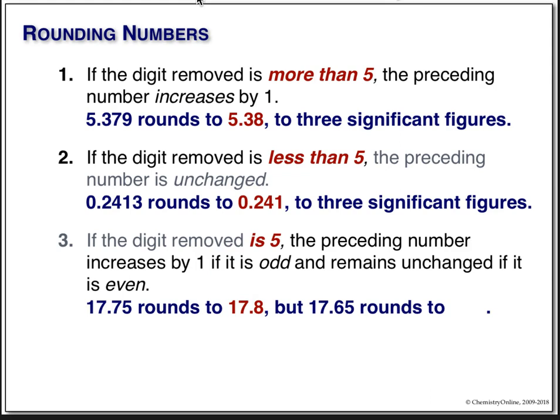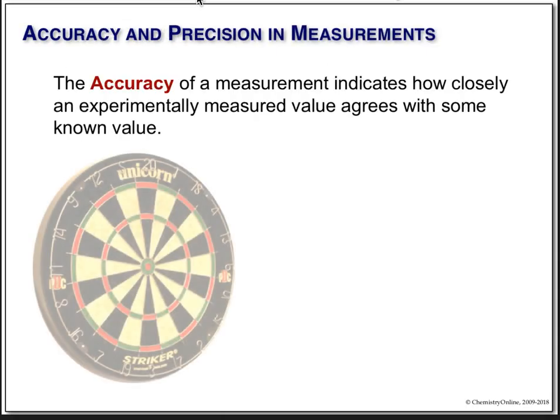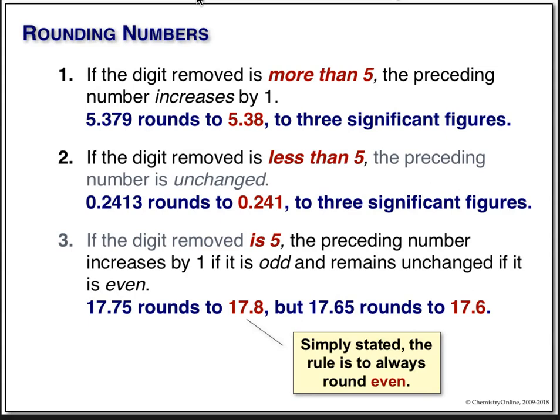This is odd, this is even, and it would go down to 17.6. A simpler way to remember this is shown right here. The rule is always to round if it ends in exactly 5, so that your final number is even. Any questions?